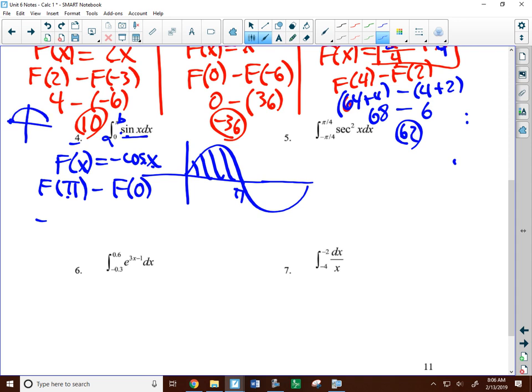Negative 1. Now it was already negative, so I brought a negative down, and then plugging in pi, cosine of pi is negative 1. So if you'd like, we can write it's going to be positive 1, of course.